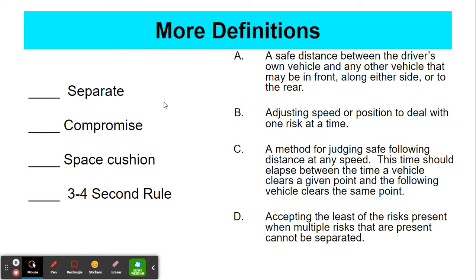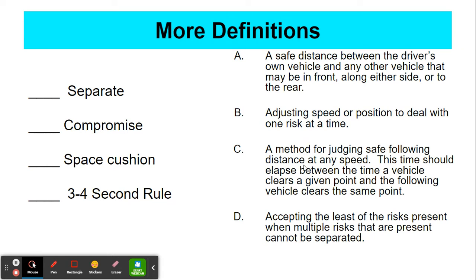We have words like separate and compromise and space cushion and 3 to 4 second rule. Over here on the other side, we have our definitions. A safe distance between the driver's own vehicle and any other vehicle that may be in front, along either side, or to the rear. We have B, adjusting speed or position to deal with one risk at a time.